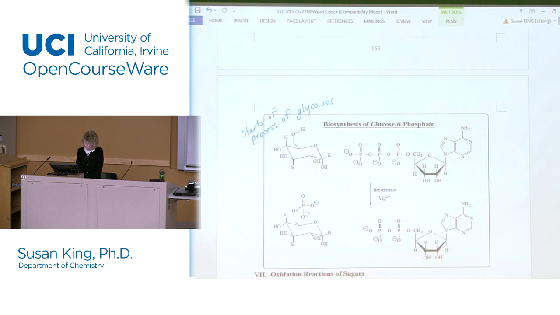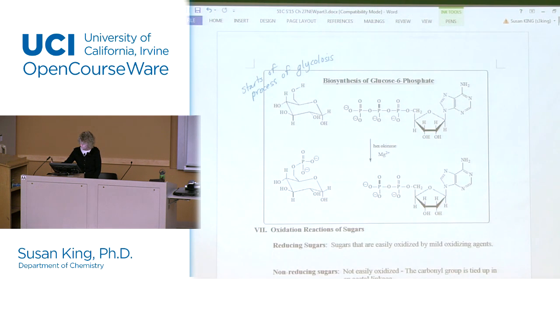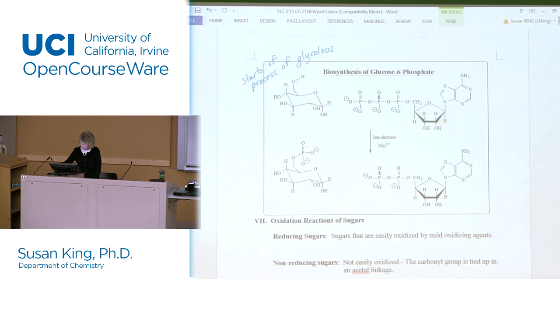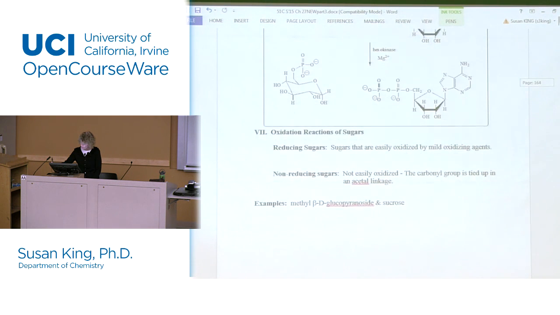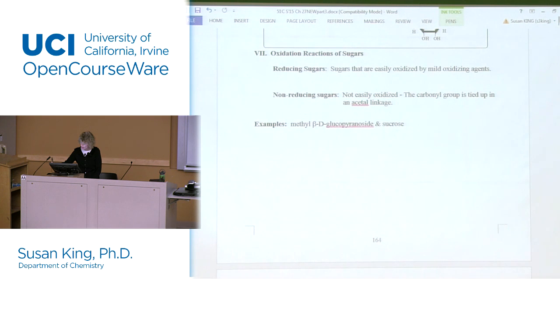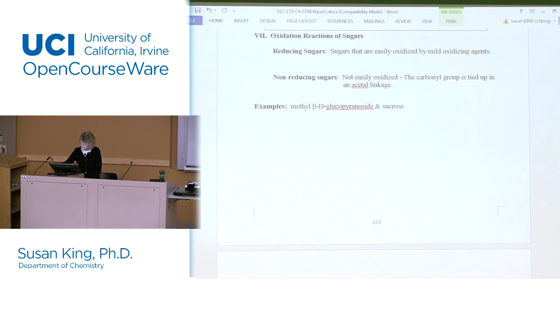That's all it is. Similar concept. Notice that it's only happening at the primary hydroxyl. All right, not going to be testing you on that. That's biochem, right? Unless you want me to.